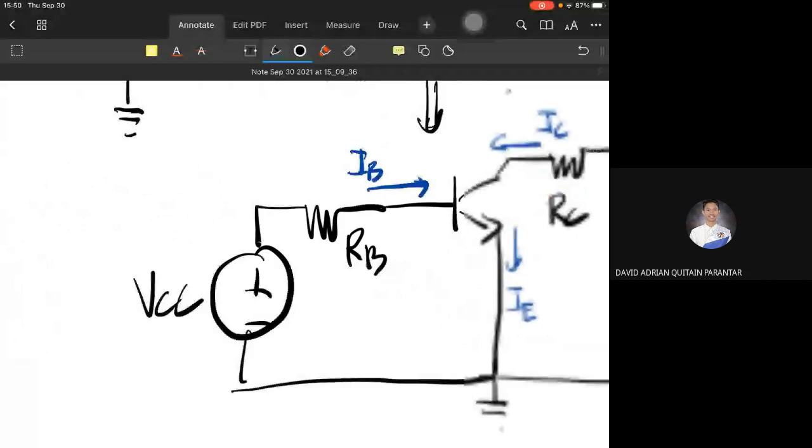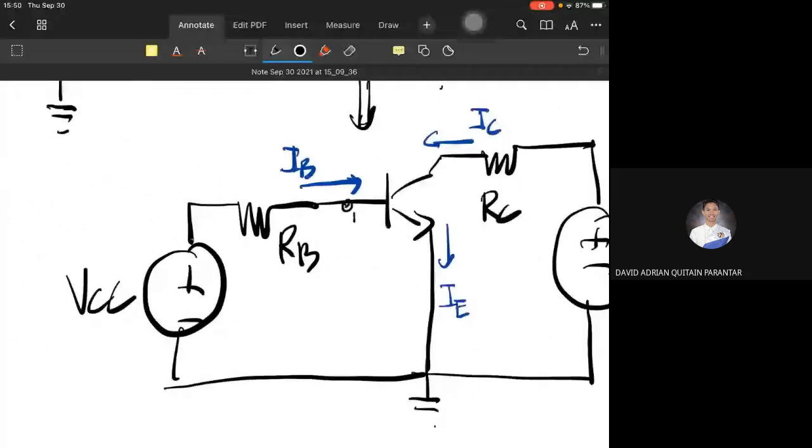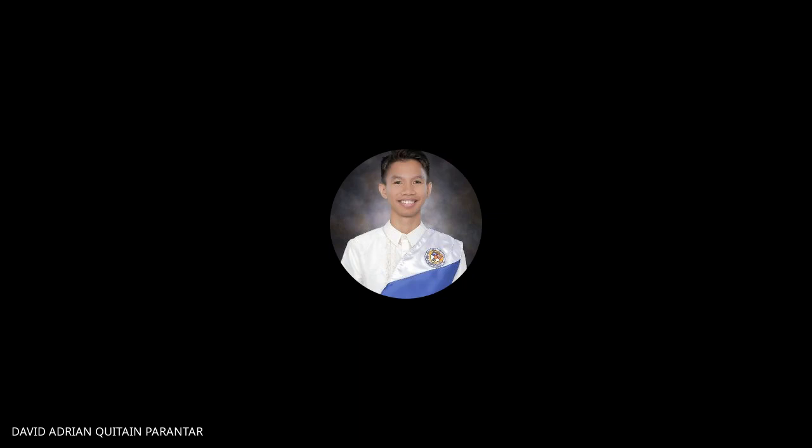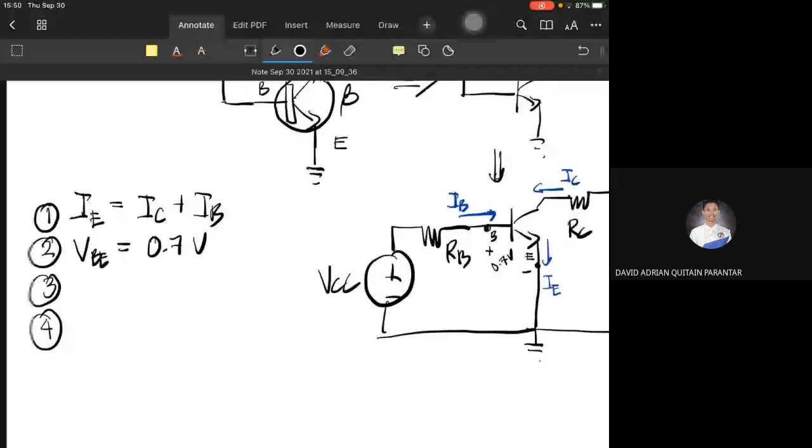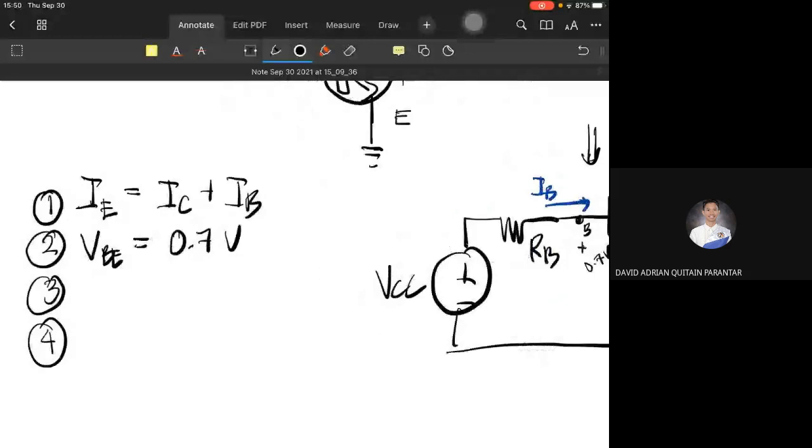Here, B is the base and E is the emitter terminal. So from here to there is 0.7 volts, using a loop, or KVL. Third, IC equals beta IB. So IC will be dependent on the value of IB.